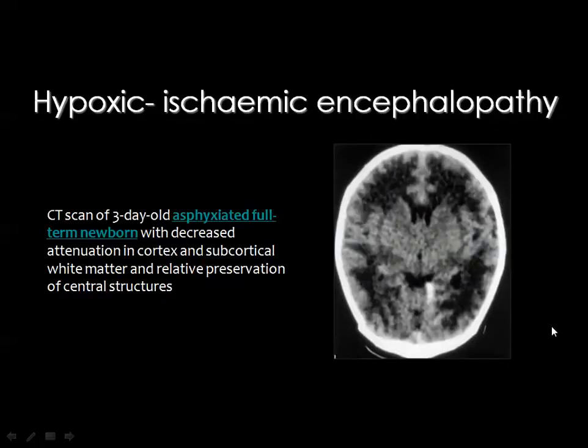Then here, if you look, you see this is the white matter only, which is affected by hypodensities. The basal ganglia is intact and the cortex is also intact. At that time, it's very difficult to diagnose hypoxic ischemic encephalopathy by CT and by MRI because this may appear to be the normal water content of the white matter at this age group.